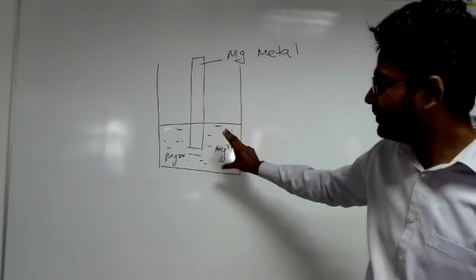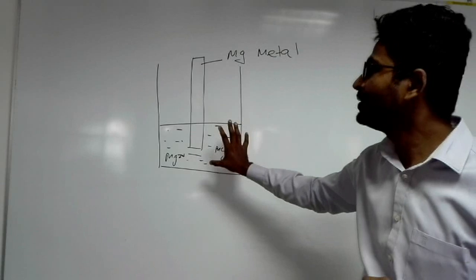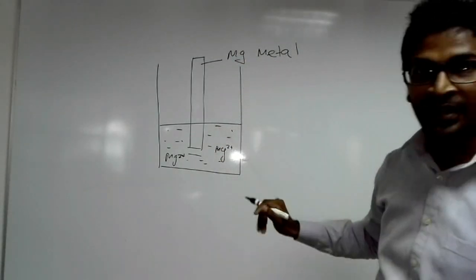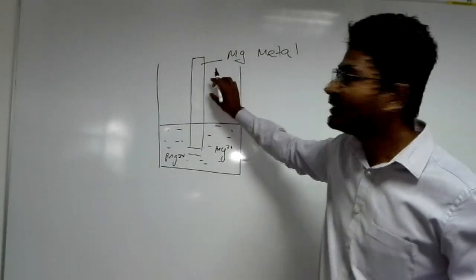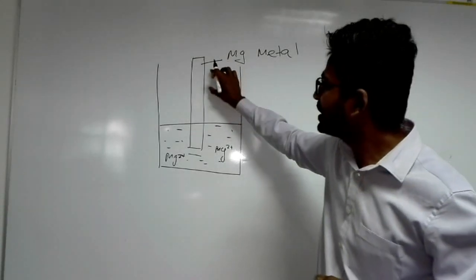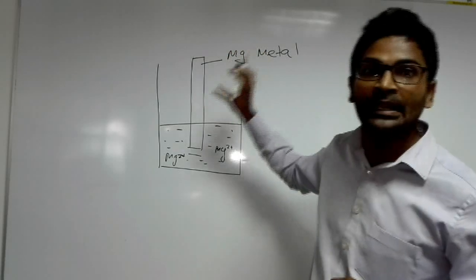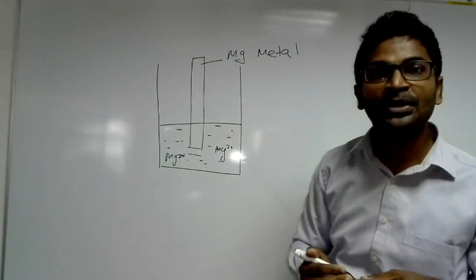When we consider this solution, the metal ion and the metal rod, some magnesium in the magnesium metal rod can be oxidized.